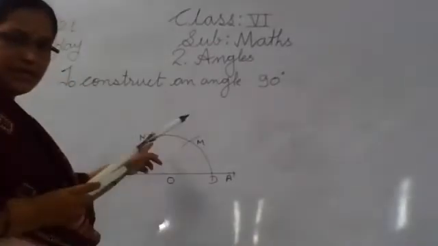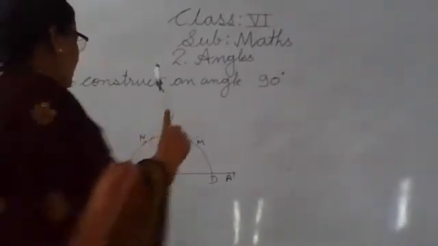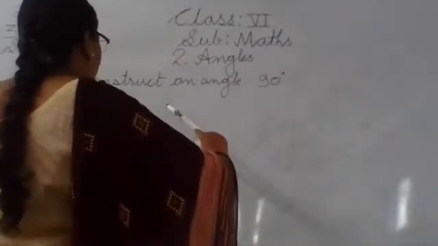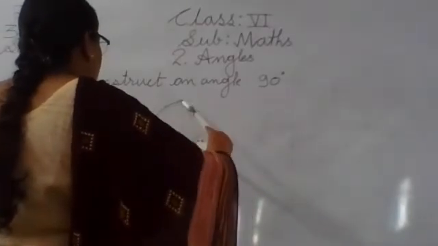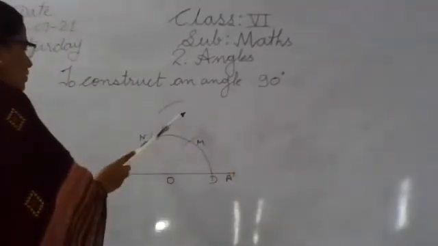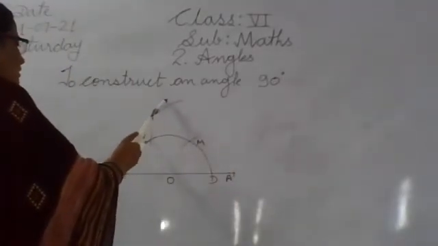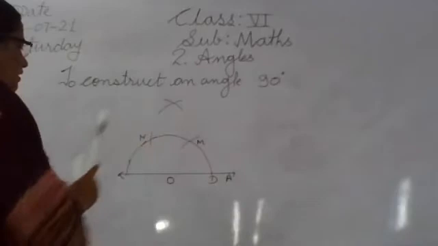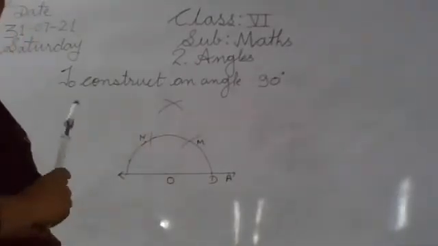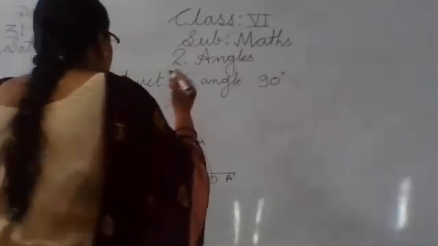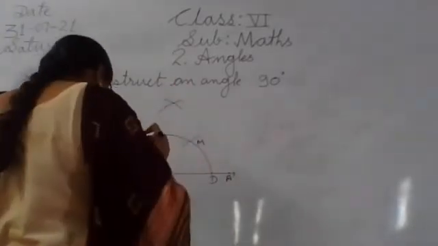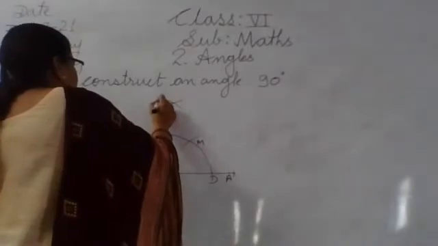One by one, place the pointer on point M and N. Draw two arcs. Now place on M. So here you will get another point. Now you can say it is point S.